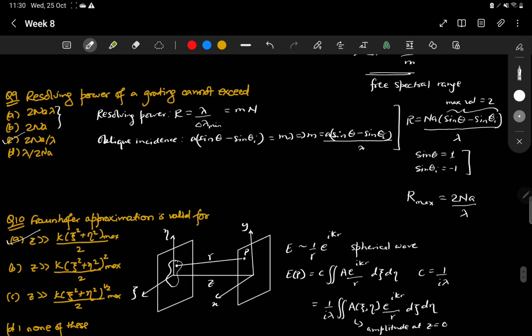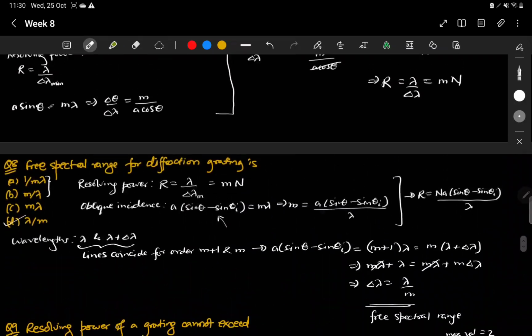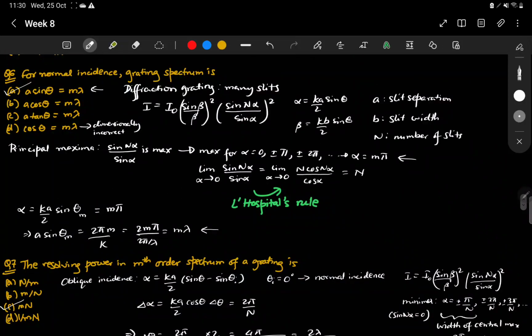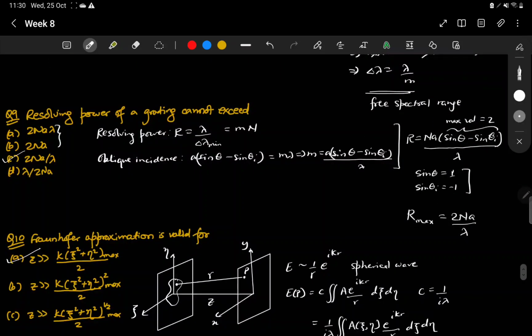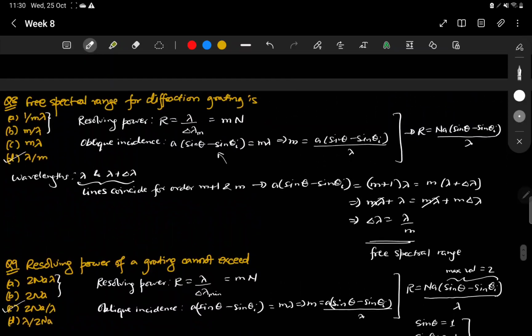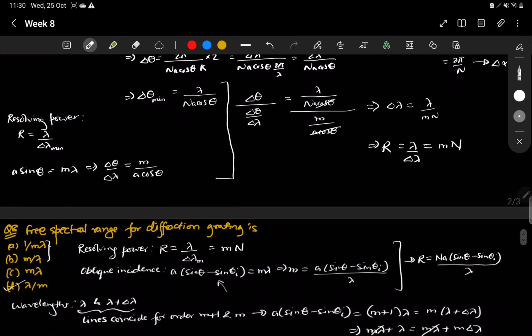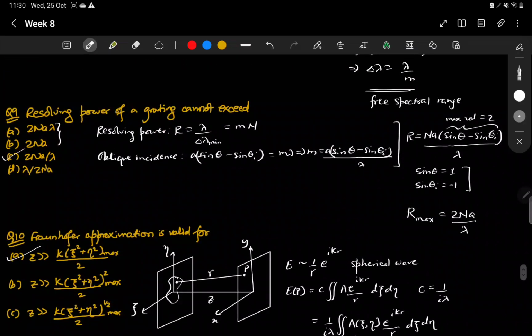N is the number of slits, lambda is the wavelength, and a is the slit separation. So if we increase the order of the diffraction, then we increase the resolution. We saw it over here. Resolving power is m times N, m is the order, but the upper limit of that resolution is over here.